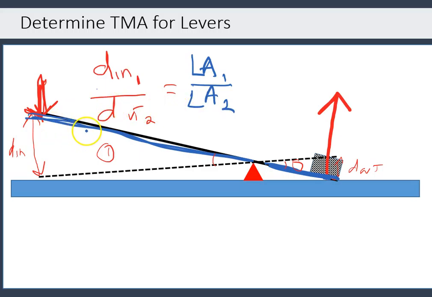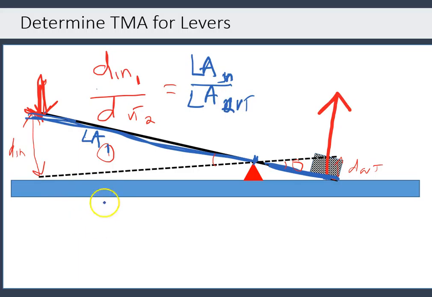Okay, because in the lingo of levers, the distance between where you put your input force and the fulcrum is known as the lever arm. So you could think of this as lever arm in, so that's actually what I'm going to say, and the distance between the fulcrum and where your output force comes is lever arm out.